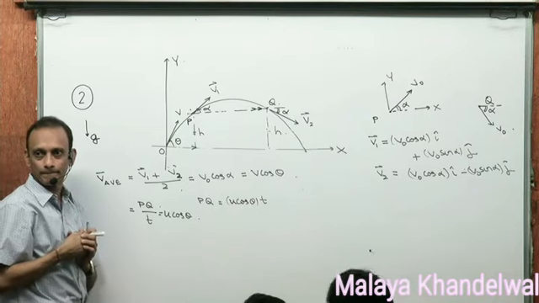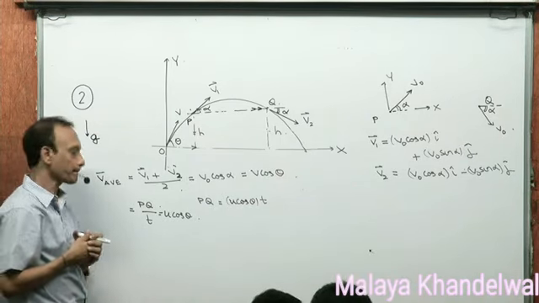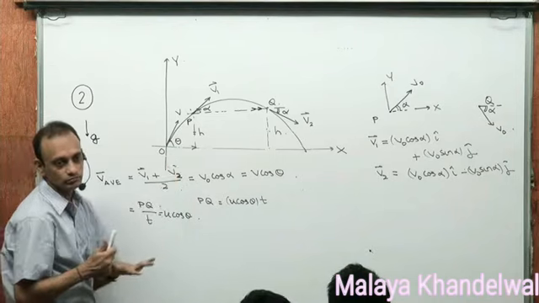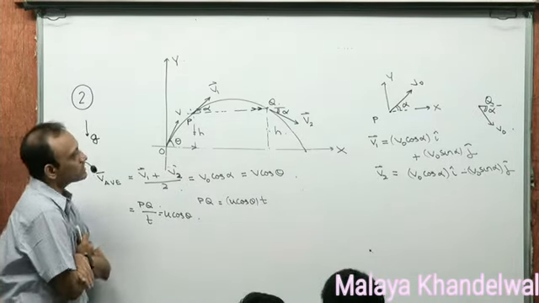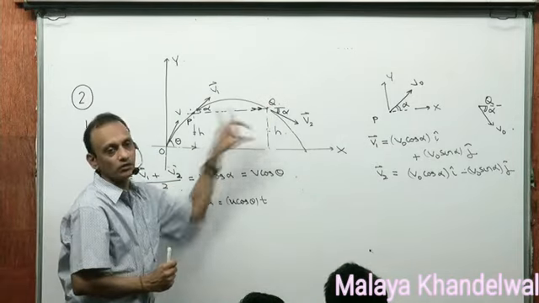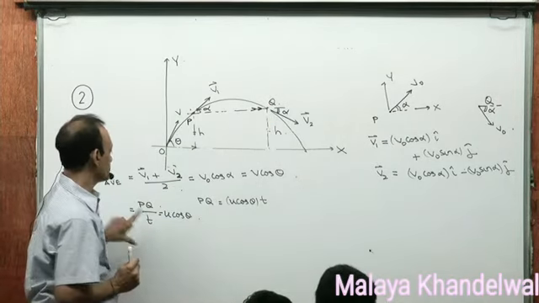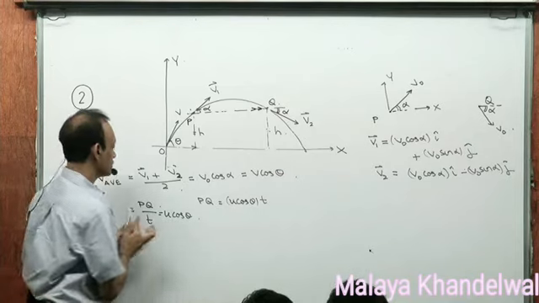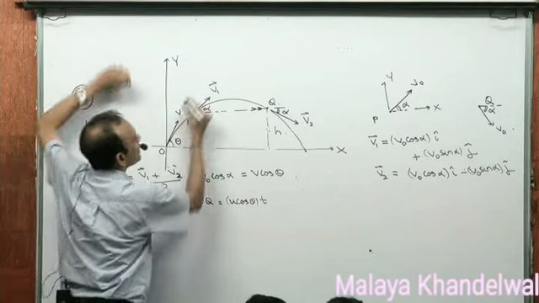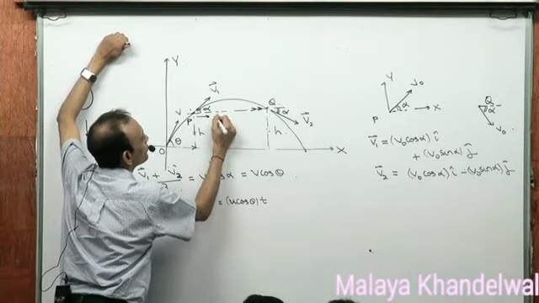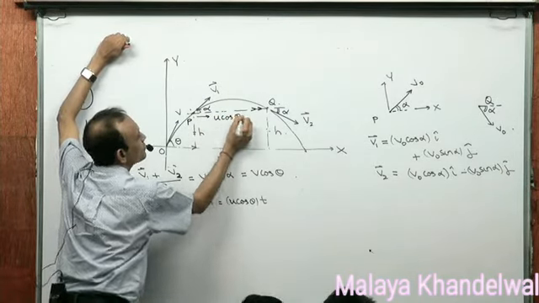Got me? Which part? Both? Okay. See, when the particle goes from P to Q, what's the displacement? PQ. What's the time taken? t. But realize that when the particle goes from P to Q, the horizontal component of velocity remains u cos theta.